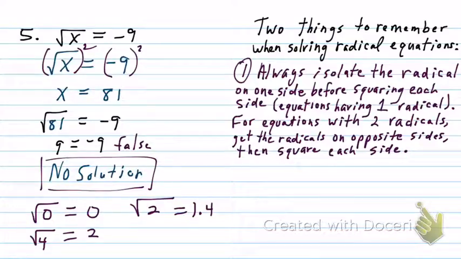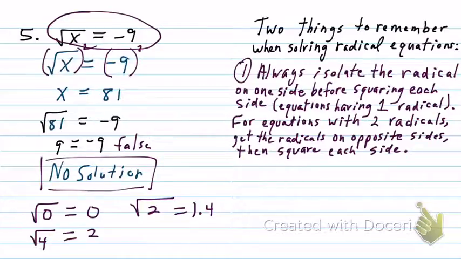We know that we can take the square root of a positive number. So anytime we have a situation like this where the square root of something is equal to a negative number, we know that this is not possible, and so we're going to have no solution in this situation. So if you see this case, you can just write no solution.